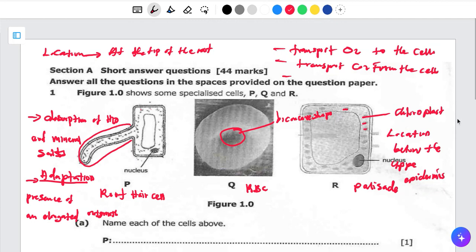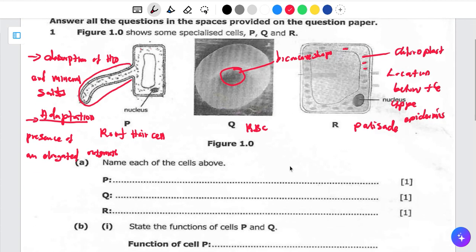What makes this palisade cell perform its function is that it has a lot of chloroplasts. Apart from that, in terms of the vertical shape, each side increases the surface area for the process of photosynthesis. Those are the things you need to know.